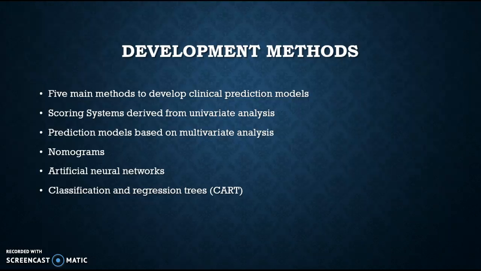Next, we have the multivariate analysis, which uses logistic regression to show the relation between the predictive factors and the outcome in an odds ratio. Next, we have nomograms, which use graphical calculating devices that calculate practical formulas to find the given outcome. These are generally easier to use and in many cases more accurate than some of the other methods.